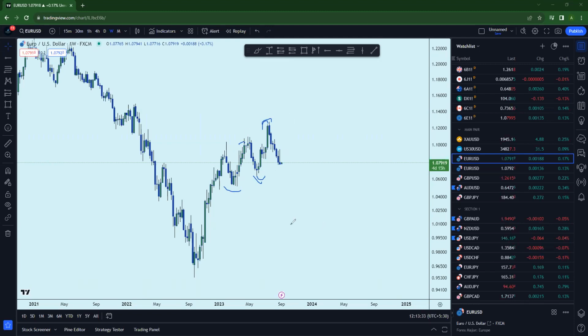Unless and until this low is taken out, we can't say that the market is in a downtrend, especially on the weekly. So order flow is still bullish. Unless this low, which is responsible for taking the previous high, is taken out, the order flow is still bullish.